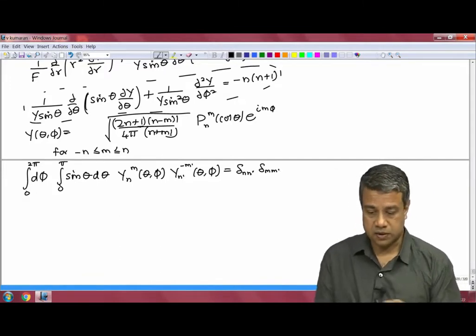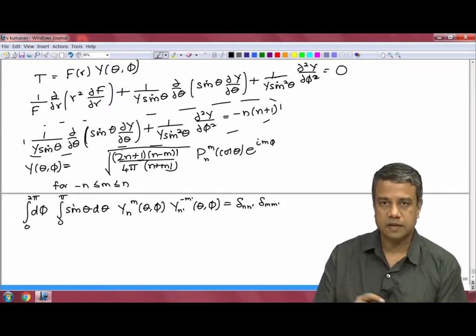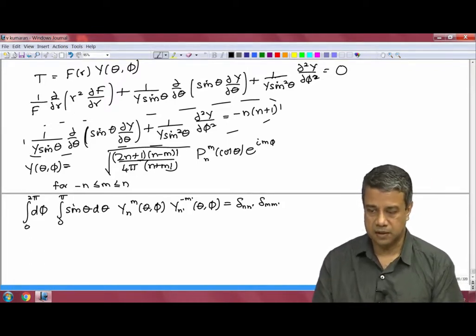So, that is the solution for the part of the Laplace equation that depends upon the angular coordinates.